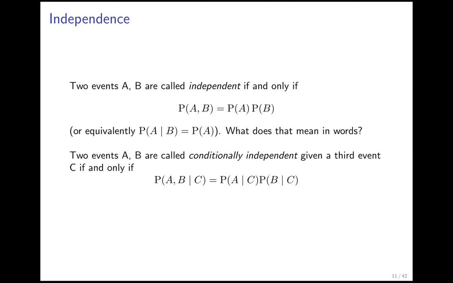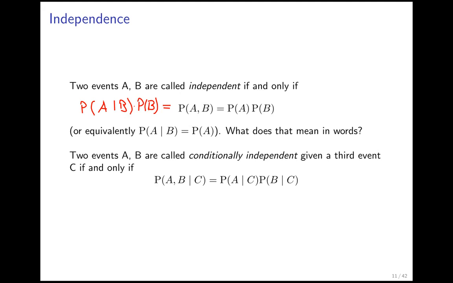And recall the multiplication law again, which said that this one here is actually equal to P of A given B times P of B. And that's why you can equivalently define independence by saying that the conditional probability of A given B is simply the probability of A. Just do a pattern matching between the left-hand side and the right-hand side, and you can see that this is exactly equivalent.